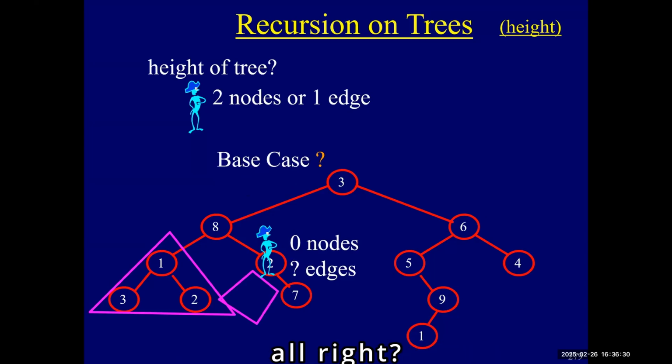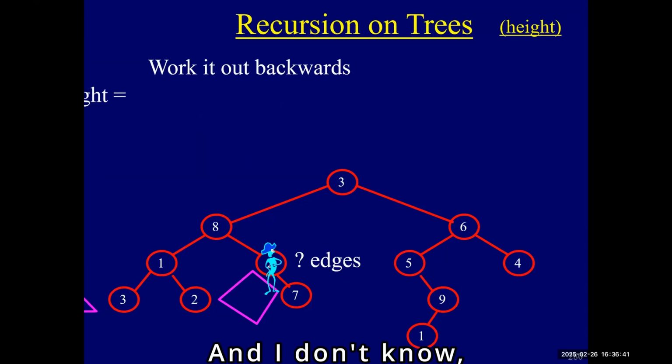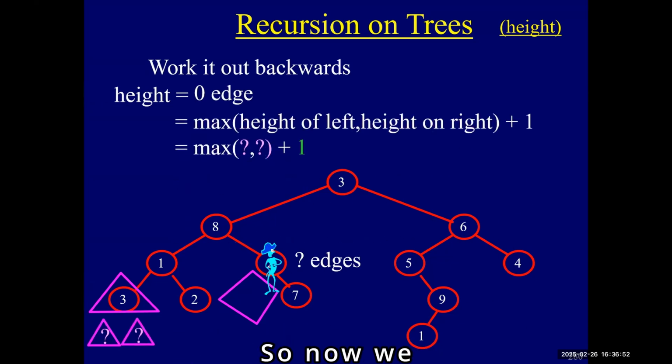All right, so let's count edges. How many edges are in this empty tree? I don't know. What's the height of this if we're doing edges? 0. The height is 0. All right, so now we want to say, what answer do I want here so I get an answer of 0 here?